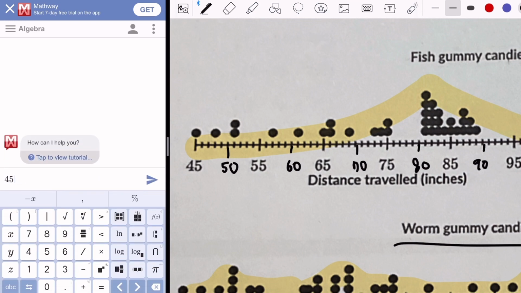45 plus 46.5, so it's 46, 47. I think it would be 47, yeah, let me go with 47.